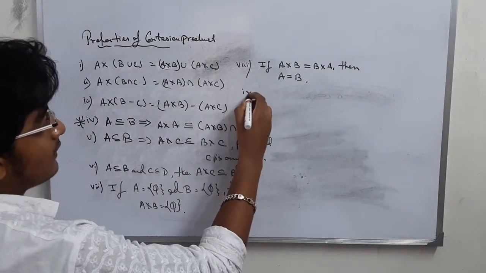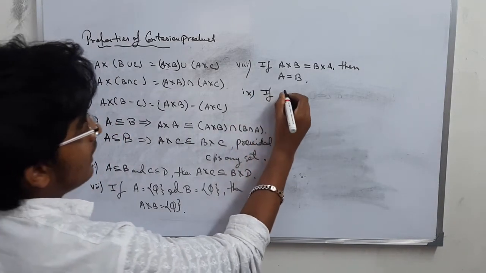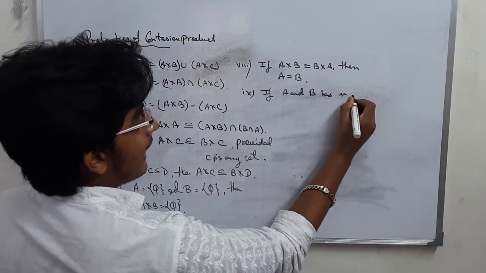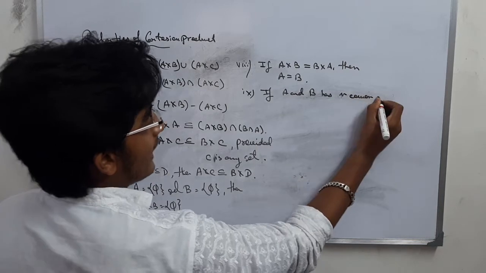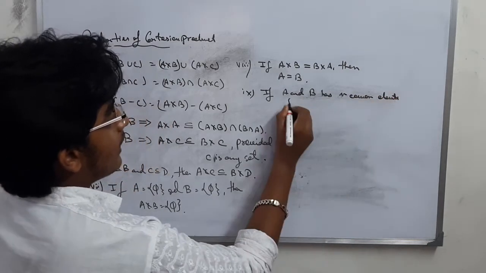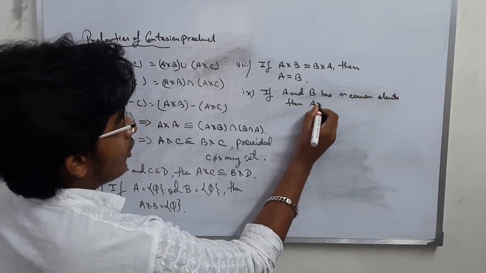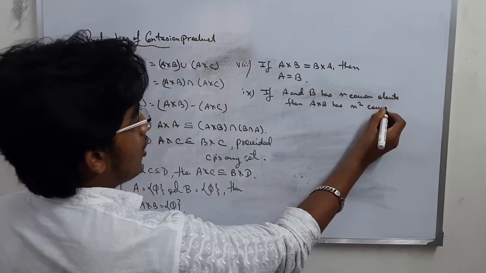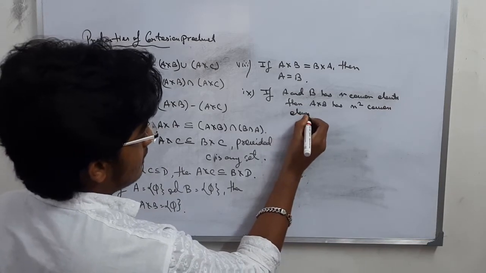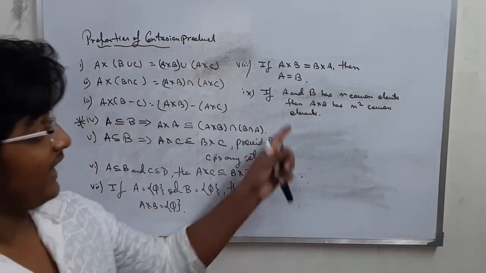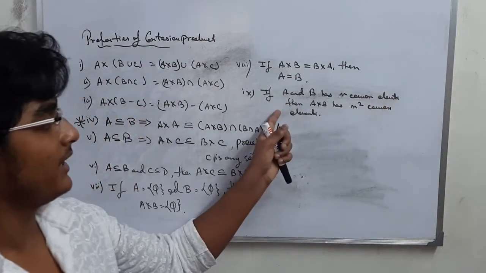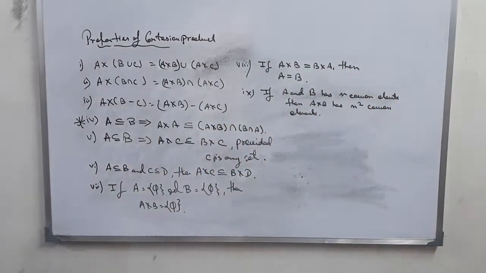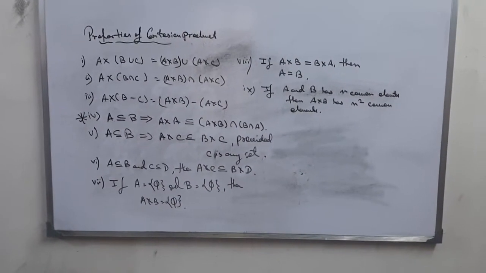Okay. Next you have, if A and B have n common elements, then A cross B has n square elements. Get it?